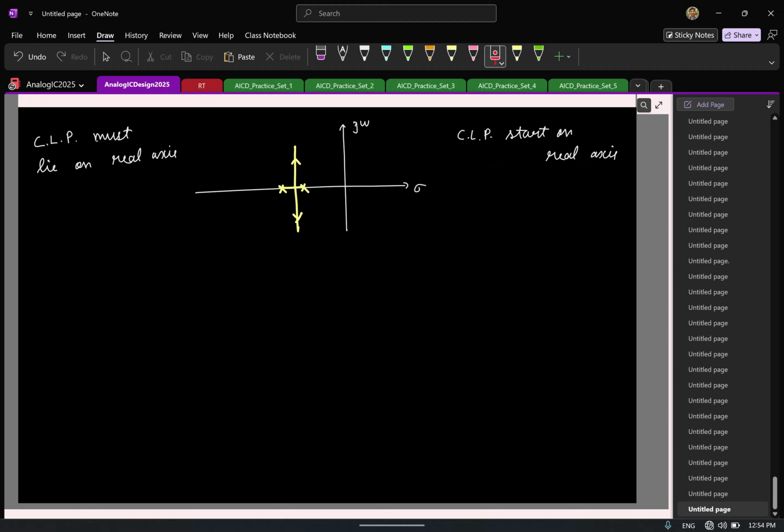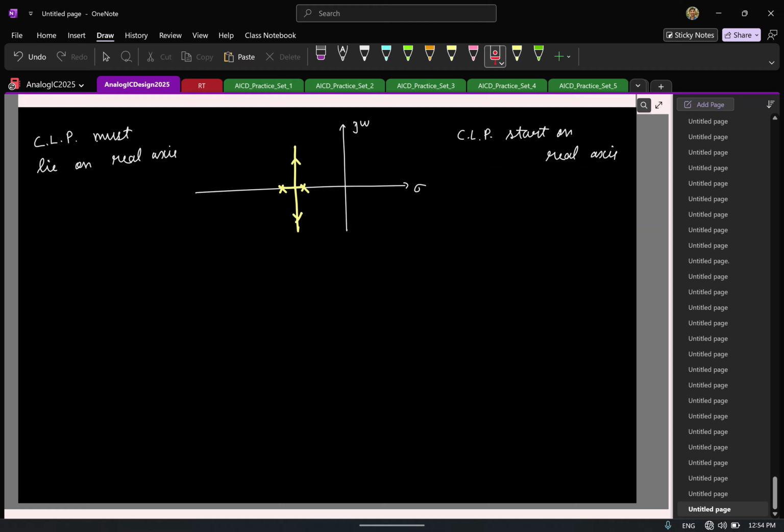Correct? So if you can choose the location of the open loop poles here, how would you choose them to be located? Remember that I want my closed loop pole to lie on the real axis for a large value of DC gain, and I also know that the root locus starts on the real axis and then branches out to infinity.